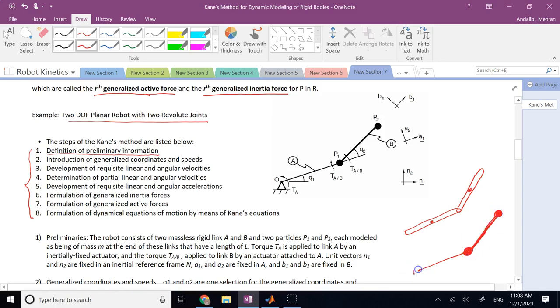So this is a little bit different than our regular 2 degree of freedom planar arm. And you might say, well, what if I want to really use this one? I'll show you. We go with this example, because this is actually a little bit easier than this one to describe the Kane method.